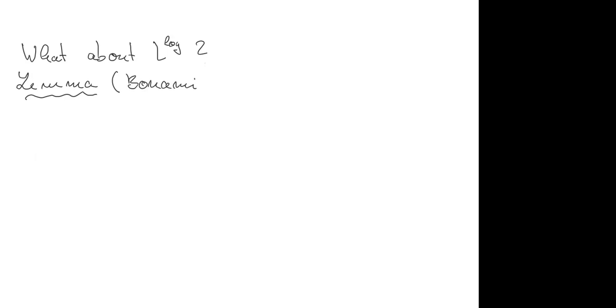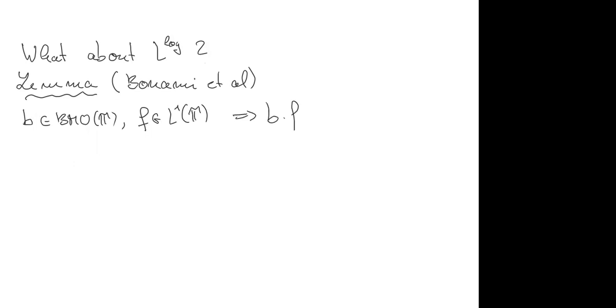But here's a proof which shows that this is just about the John-Nirenberg theorem. So what the lemma says is, if we forget about Hardy spaces and we just take a b in BMO and an f in L1, then the product b times f is in L log L. So not in H log, but in L log L.